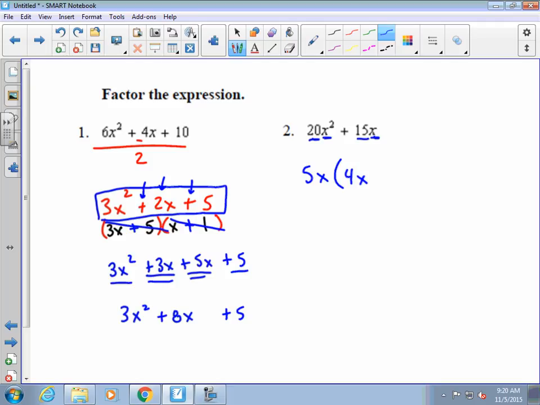If you multiply those two together, you get 20x squared, which is what we wanted. 5 needs to multiply by a positive 3 to give you 15, and x just needs to multiply times 1 to give you x. So this is the factored version, 5x times 4x plus 3.